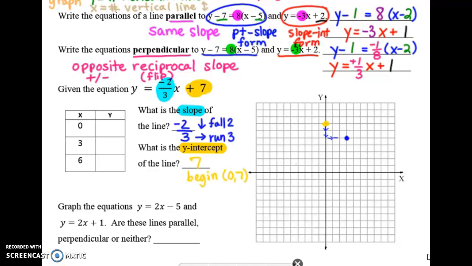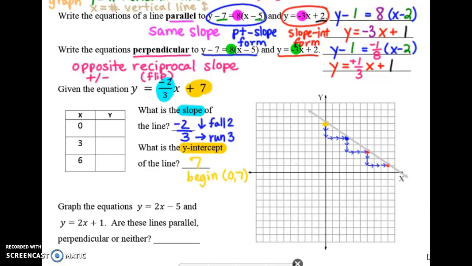Notice I'm counting very carefully to make sure I locate the points correctly. I can continue the pattern for a more accurate line, because I will be asked to draw on a graph for the unit test. So it will check to see if I have the skill to graph correctly and appropriately if I'm given the equation. Now that I have 4 points on my graph, I think I have enough points to graph an accurate line.